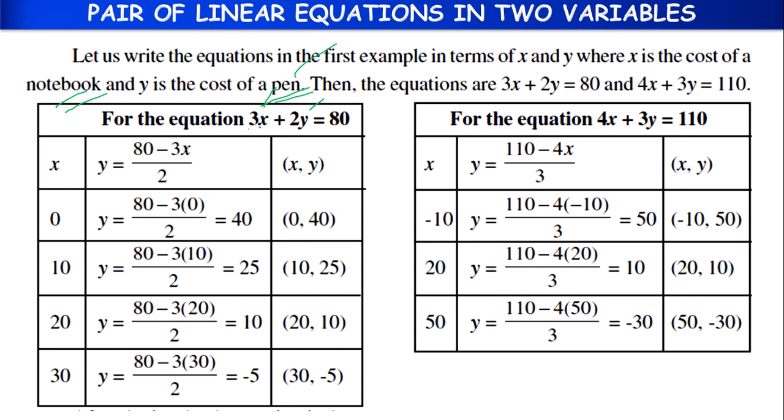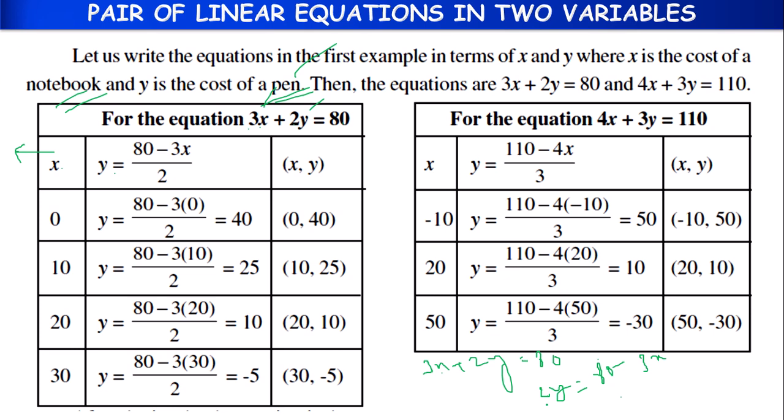So we have 3X plus 2Y equal to 80. We have to isolate the X and Y values. If we keep X separate, then Y in terms of X. This 3X comes to this side, so 2Y equals 80 minus 3X.